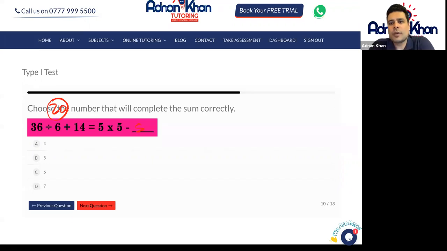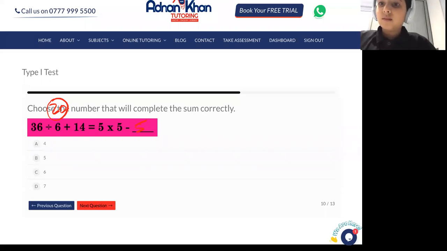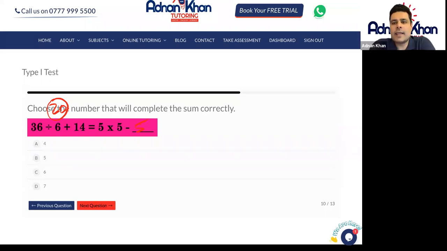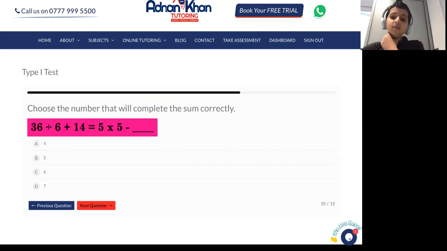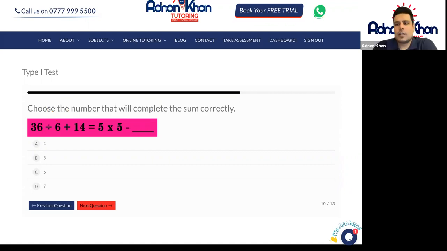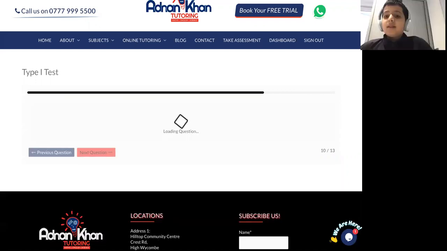So 5 times 5 is 25, and then you take away 5 at the end, and that gives us 20 on both sides. Well done for that. So our answer in this case is going to be 5. So let's just lock in number 5 there.